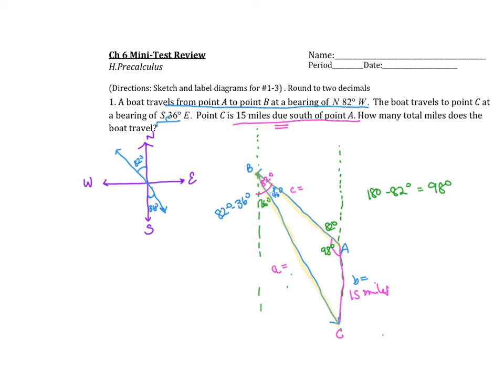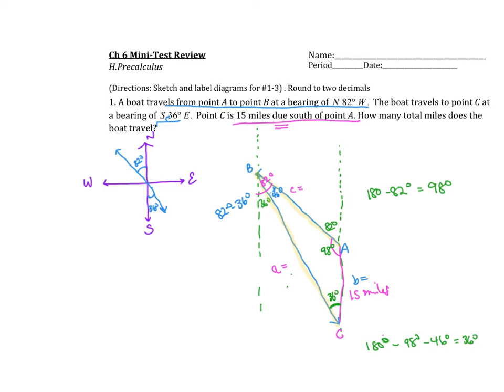Then we can finally figure out the last angle, angle C. The sum of the angles of the interior of a triangle is 180. So 180 minus 98 and 46 will be 36 degrees.